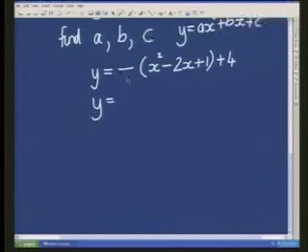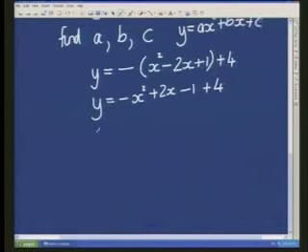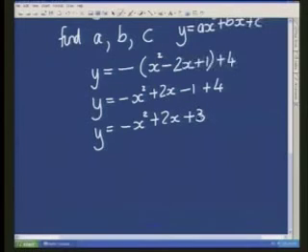Multiply in your minus sign. What are you going to get? You're going to get minus x squared plus 2x minus 1. Good. Plus 4 tagged on at the back. So if I get minus x squared plus 2x plus 3, can you see that this is now your a value and it's minus 1?